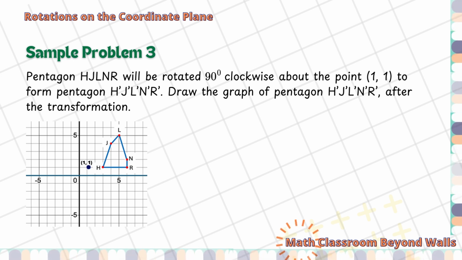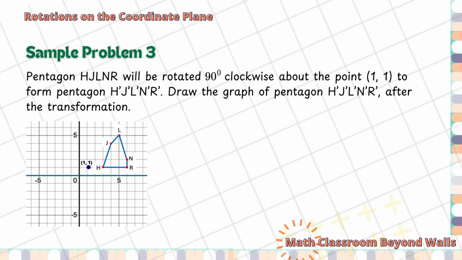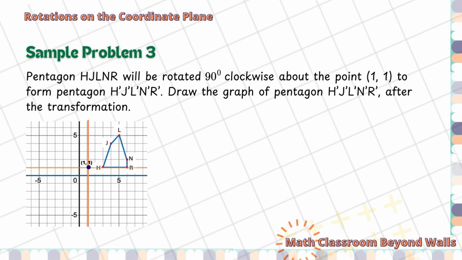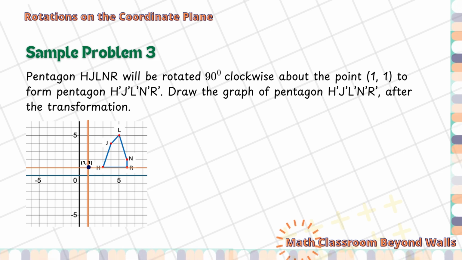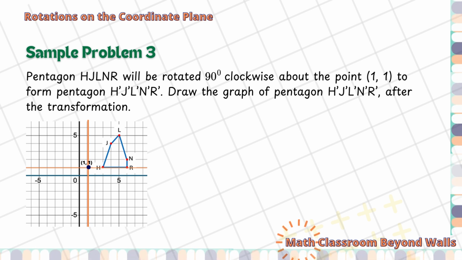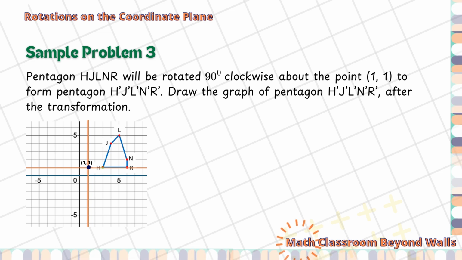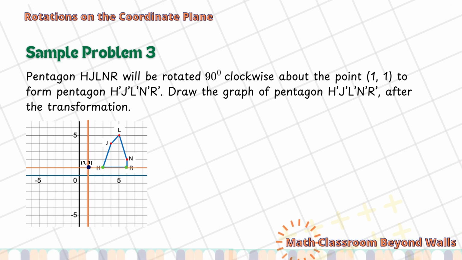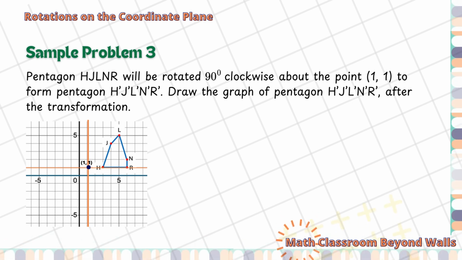Then, draw perpendicular lines with the point of intersection at the center of rotation like this. If possible, have at least a vertex point of the preimage on one of the perpendicular lines. Here, vertex point H and vertex point R are on the line.